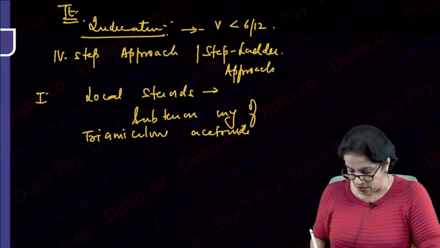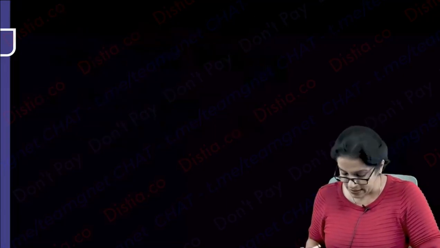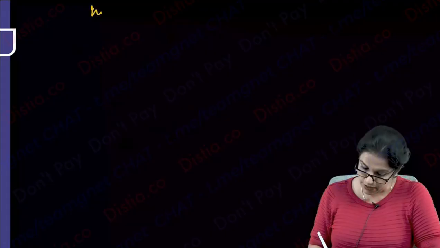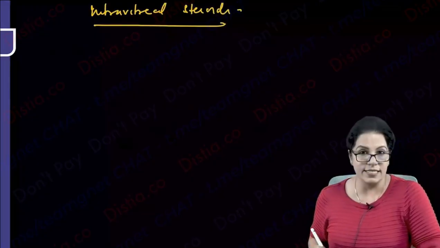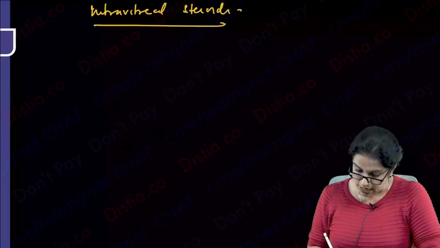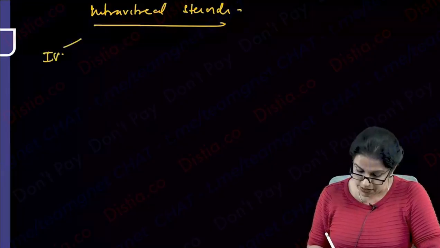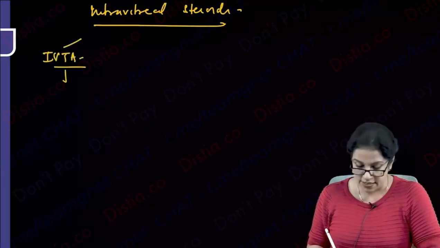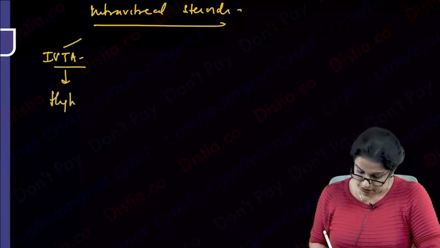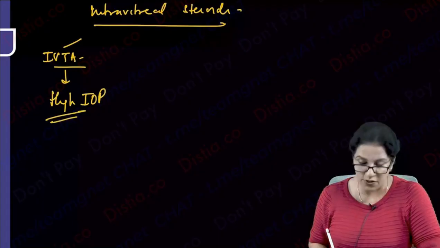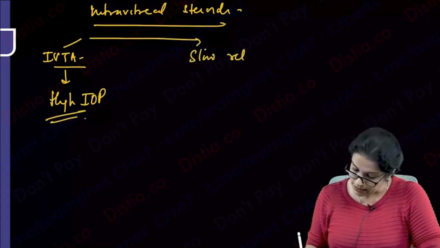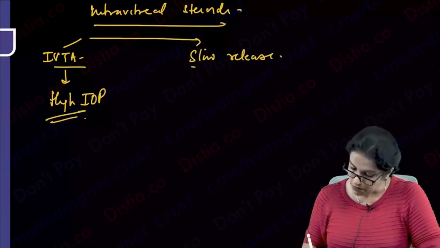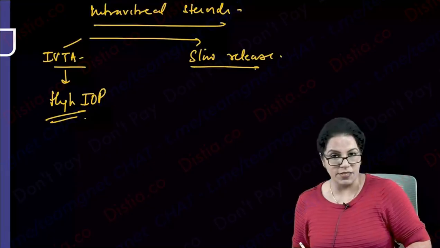Or secondly, for the local steroids, we may also go for intravitreal steroids. If I go for intravitreal triamcinolone acetonide, there is high IOP, which is a very big problem. It will raise the intraocular pressure. So the other option can be slow release implants, which can be put inside the vitreous cavity.